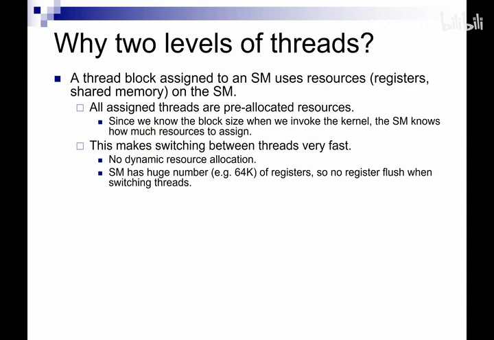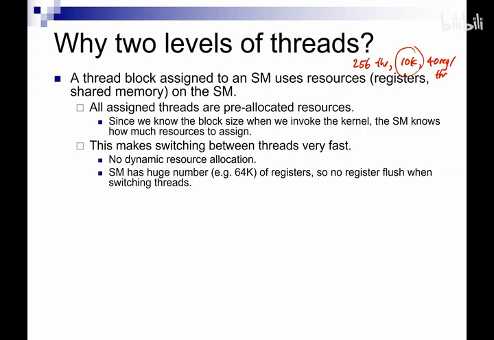Now, because it's given this fixed amount of resources, suppose you have a thread block of 256 threads and you need 10,000 registers. That's about 40 registers per thread. The GPU is going to pre-allocate these 10,000 registers for you, so basically 40 registers per thread.